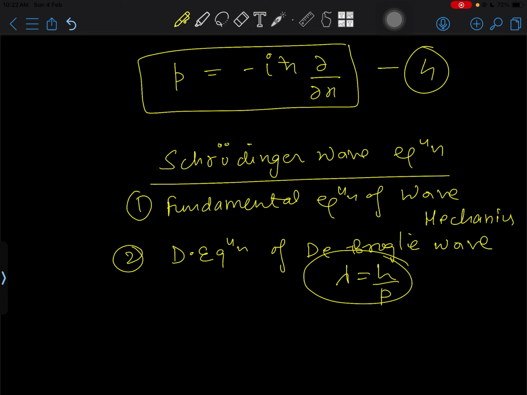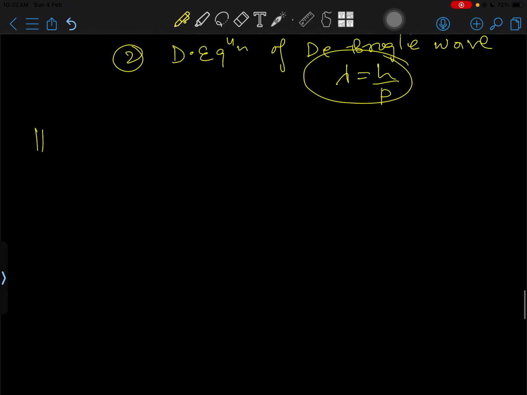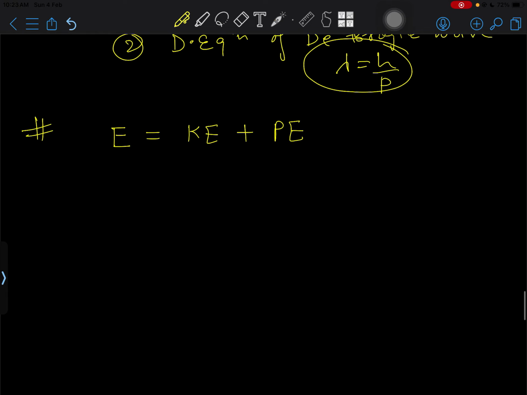Now if a particle is moving with a velocity v, the total energy is the sum of kinetic energy and potential energy. In the case of the de Broglie wavelength, we have already derived that kinetic energy is written as p square upon twice m.